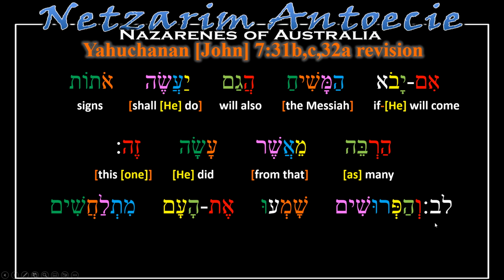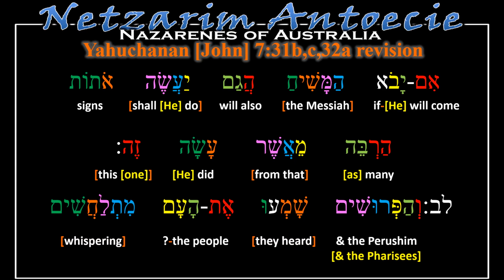And we're at Lamed 30, Bet 2, and 32. Vayishma'u haPerushim, and the Pharisees heard, et ha'am, the people, mitlachashim, which means whispering. With the mem, I guess, it is a participle form.